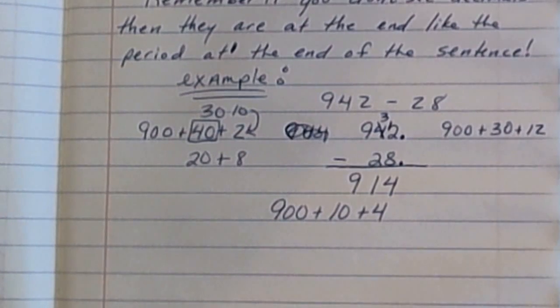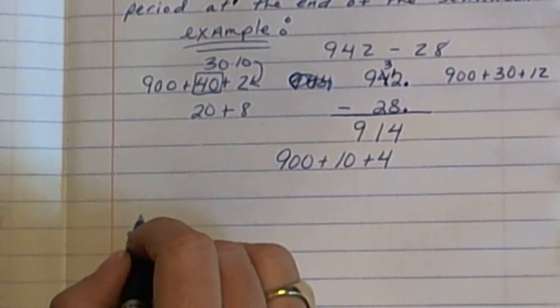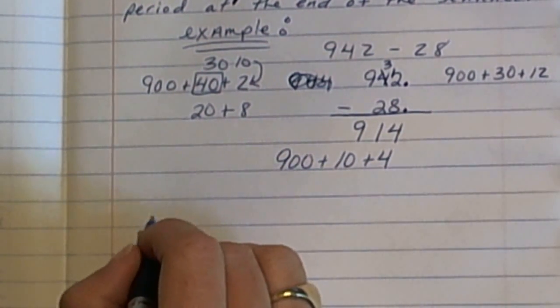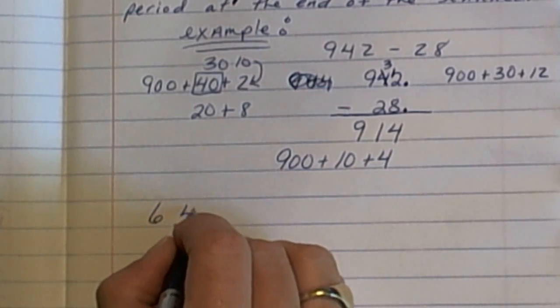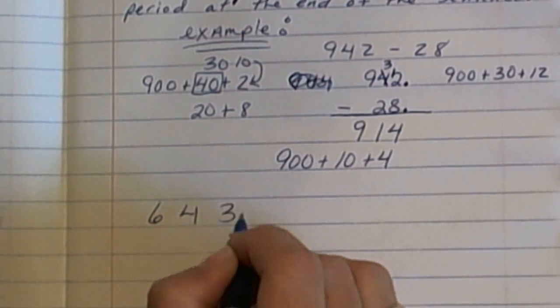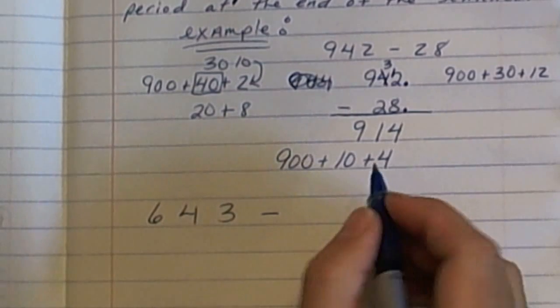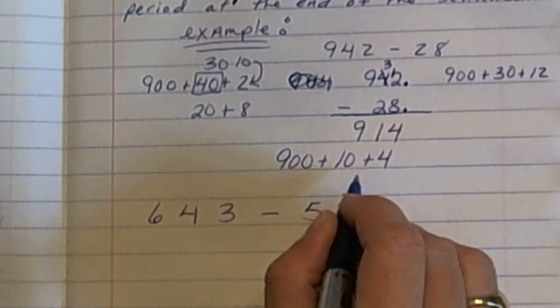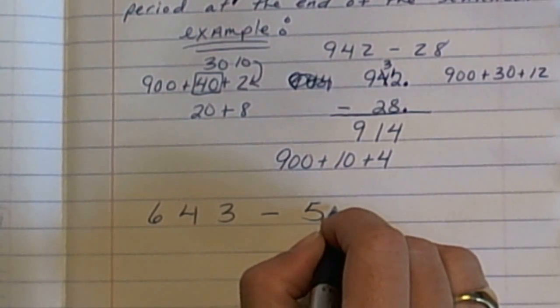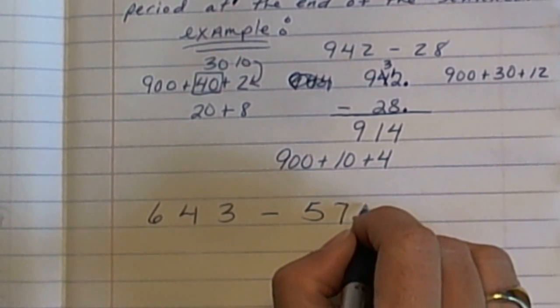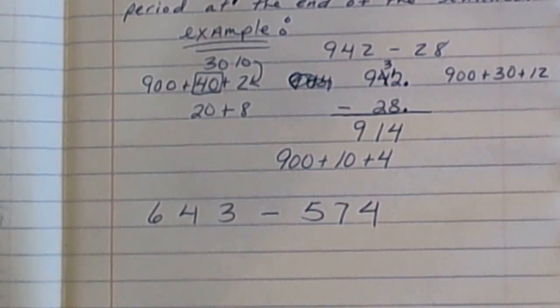Let's look at that again and do another example. Let's say we had 643 minus 574. How would we do that?